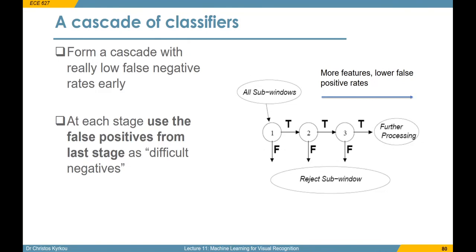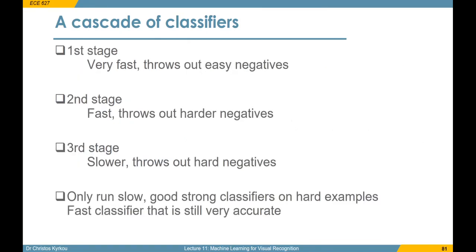Where they wanted to go with this is that the first stage is going to be very fast, and we throw out easy negatives. For example, if we have a solid color background, then it can be removed in the first stage. The second stage could remove maybe harder negatives like some lines or some texture in the background.